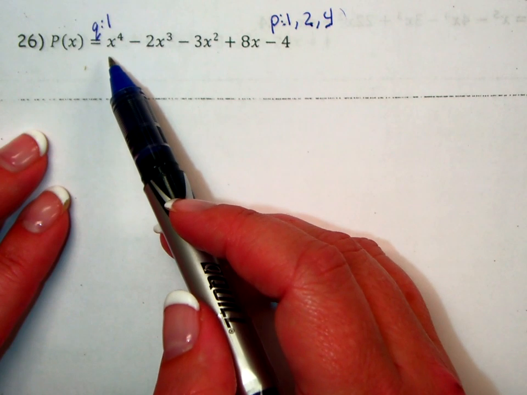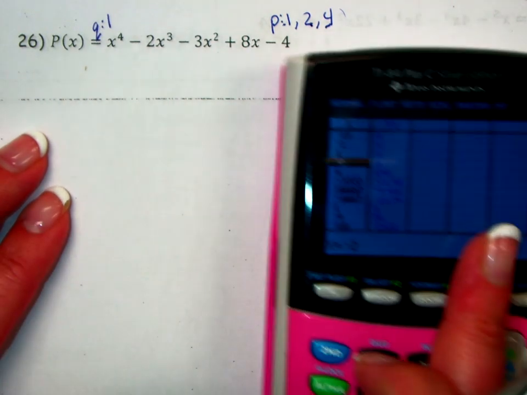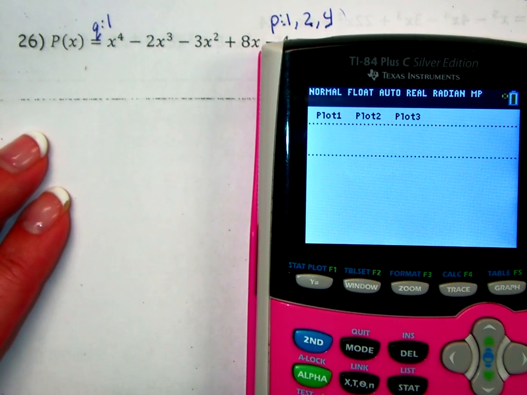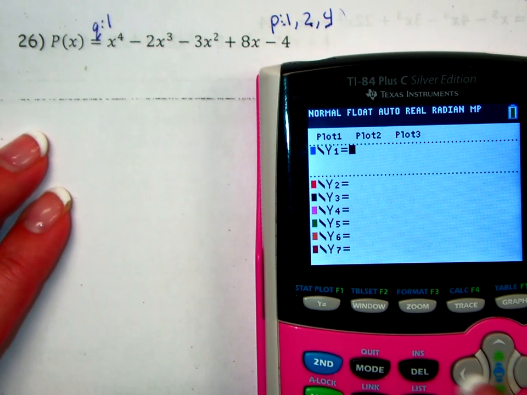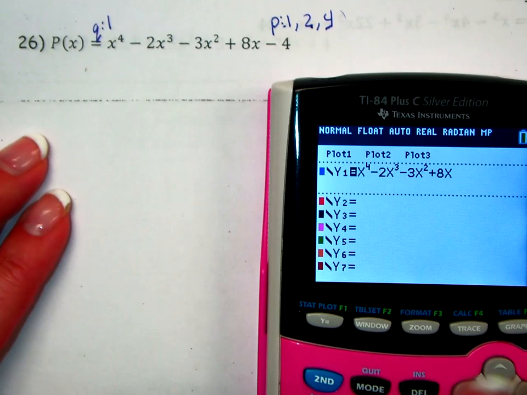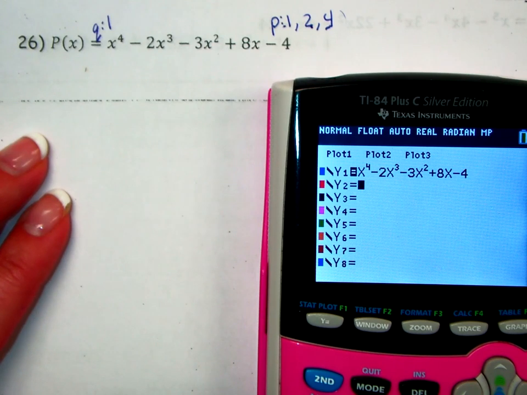And so they're all whole numbers. So I'm going to opt to do this the fast way and just graph this polynomial. X to the 4th minus 2x cubed minus 3x squared plus 8x minus 4.